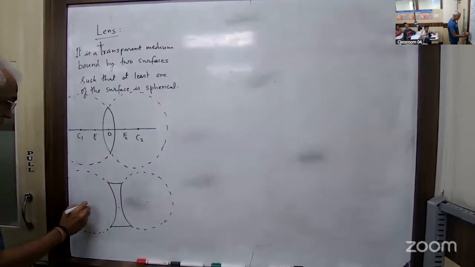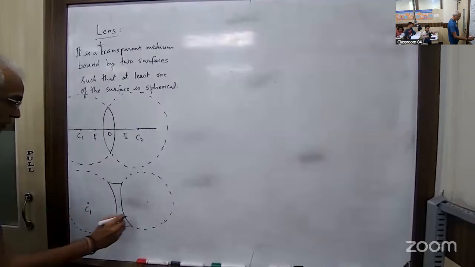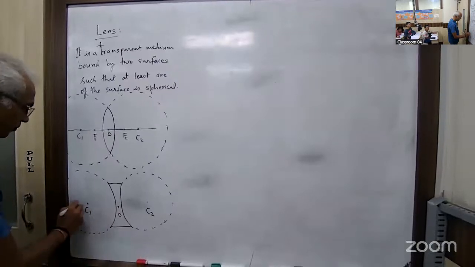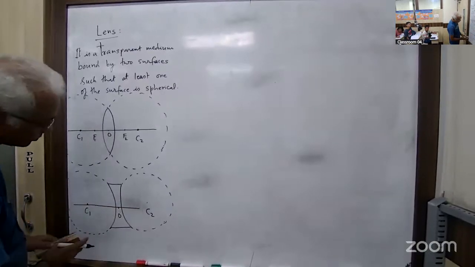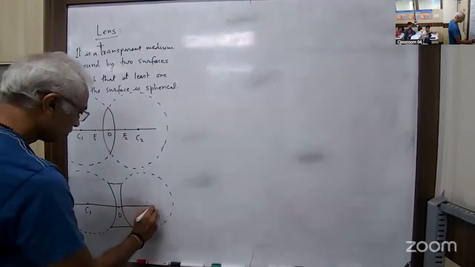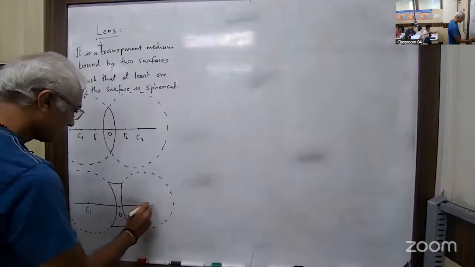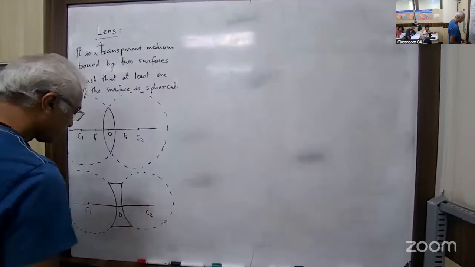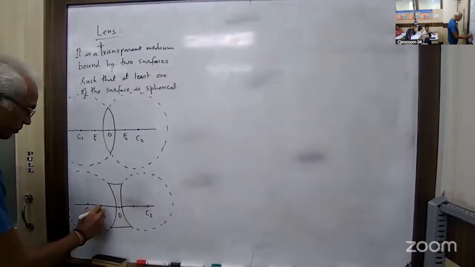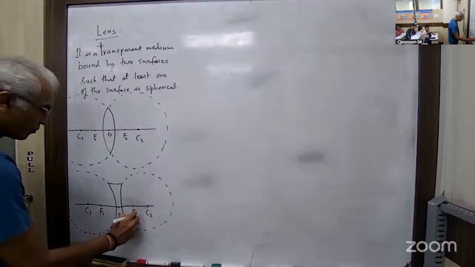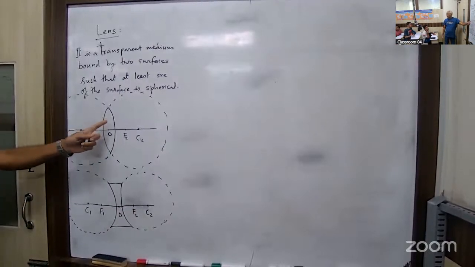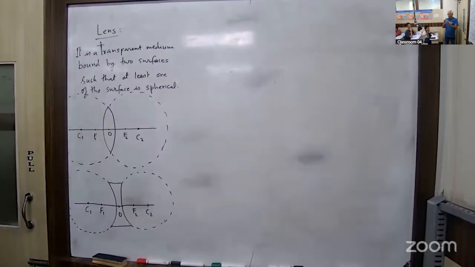Okay, so you'll have C1 and C2. So here also you have... So what type of lens is this? Convex. This is convex, right?